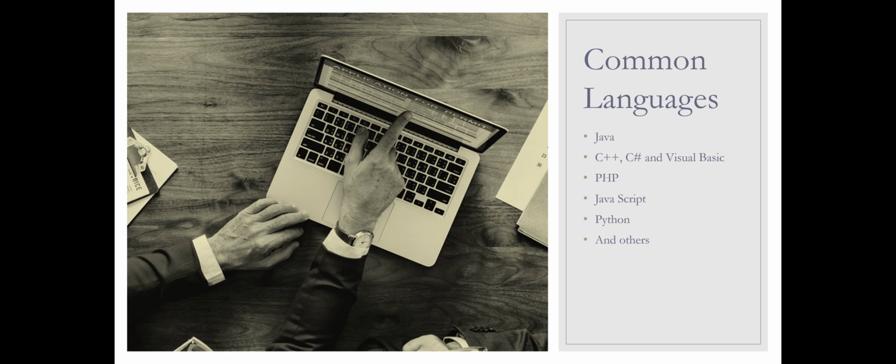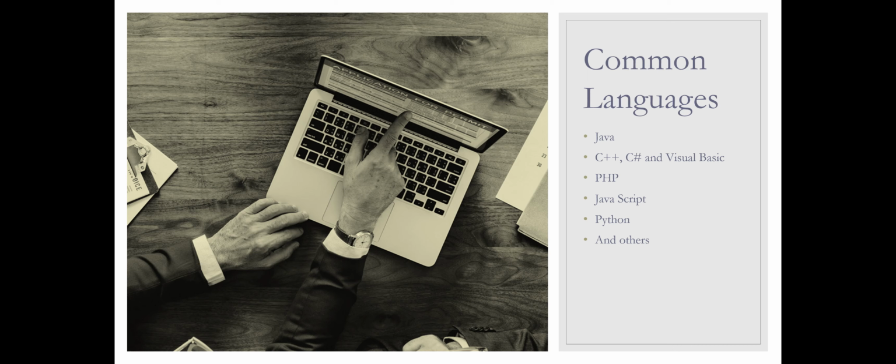There are a lot of common languages, but the most common ones that you can see courses about and hear about in blogs and so on are Java, C++, C Sharp, Visual Basic, PHP, JavaScript, Python, and others. There are many other ones and new ones coming along, but those are the most commonly used for programming.